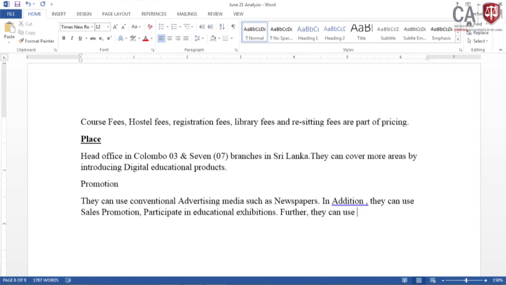Can use new digital marketing advertising, things such as social media, web advertisements. These are some examples.